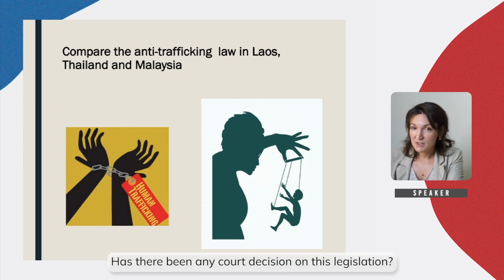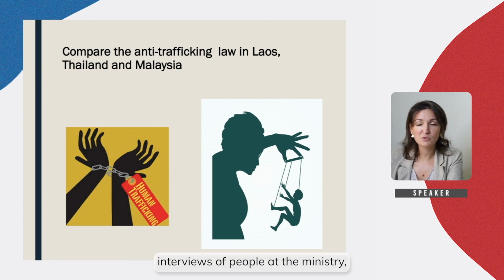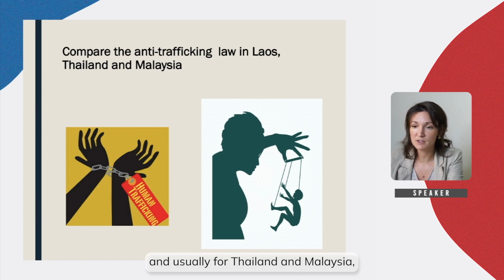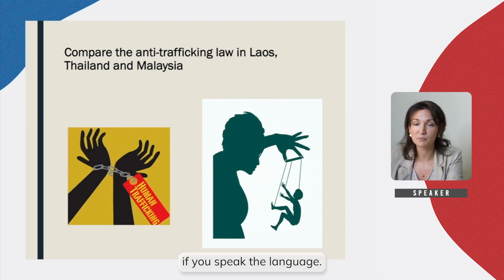Has there been any court decision on this legislation? So here you would not necessarily have to do interviews of people at the ministry, but you would need to be able to access the legislation and court decisions. And usually, I guess for Thailand and Malaysia, you could find them online, and you could even do this research from here if you speak the language.